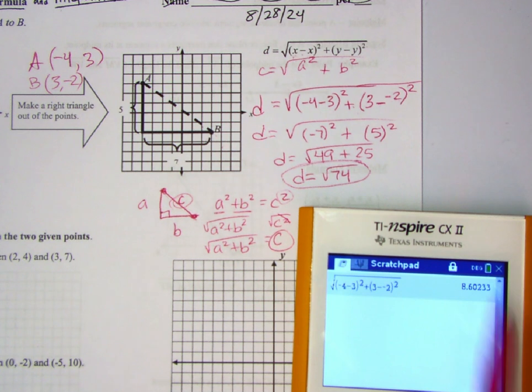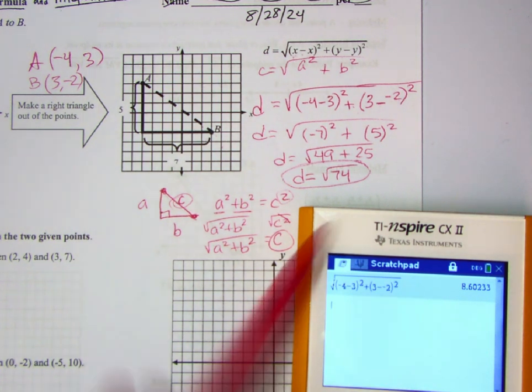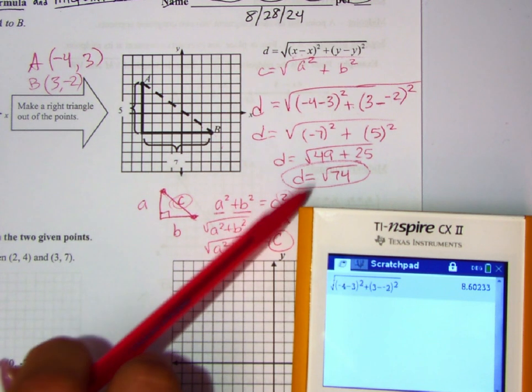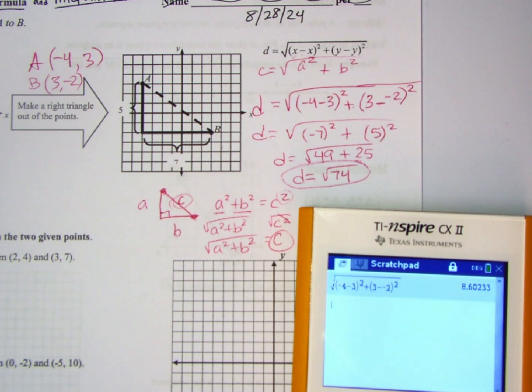And then it gives you a decimal. So that's the downfall about a calculator. You do want to have the exact answer, which is the radical form, the square root form. So if I was to type square root of 74, it confirms that it is the same decimal, but keep in mind that the square root form is the answer you might see in the test, not the decimal version of it.